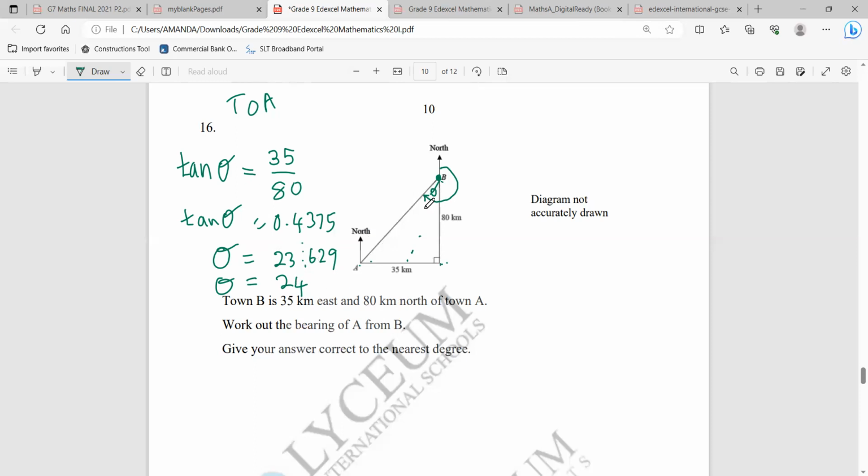So this theta is 24. This whole thing is 180. The bearing of A from B is 180 plus 24, so 204.